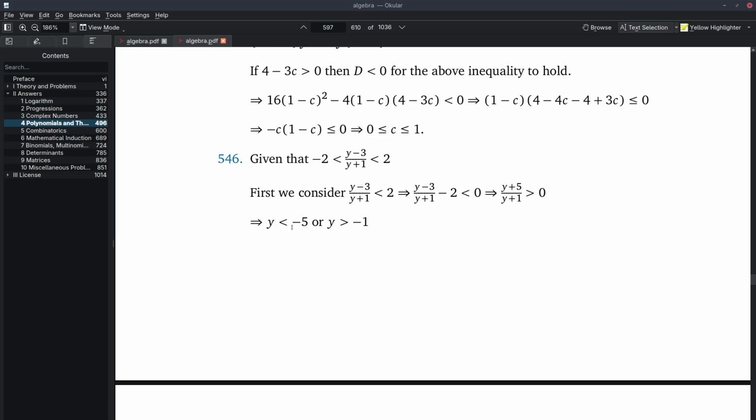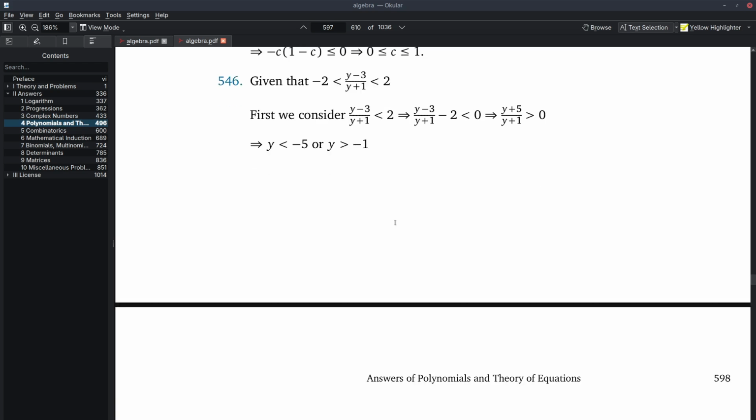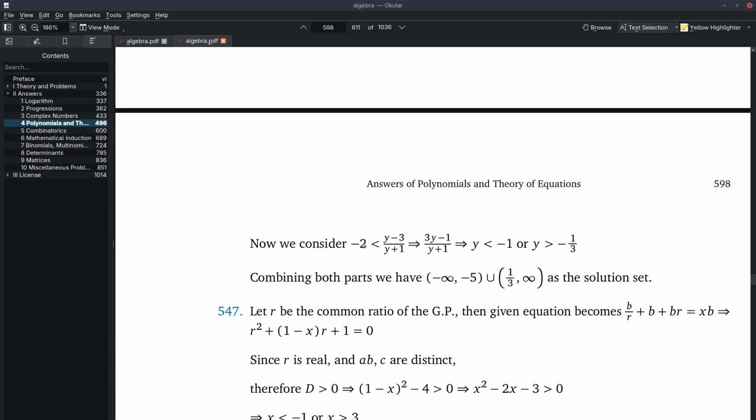So y is less than minus 5 or y is greater than minus 1. Next we consider minus 2 less than (y minus 3) by (y plus 1). So similarly we get y less than minus 1 or y greater than 1 by 3. So we combine both the conditions and we get minus infinity to minus 5 union 1 by 3 to infinity as the solution set.